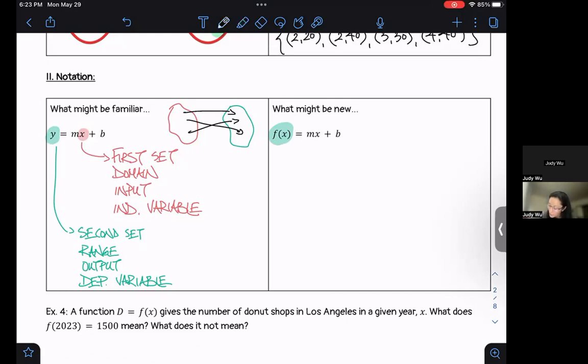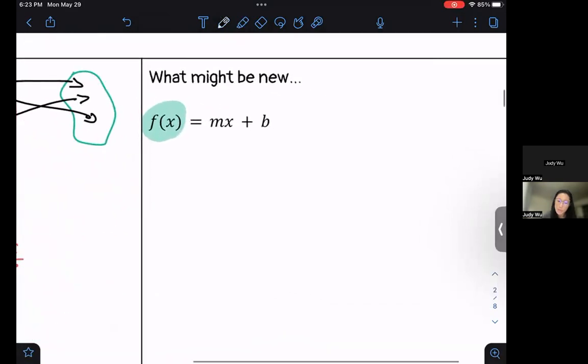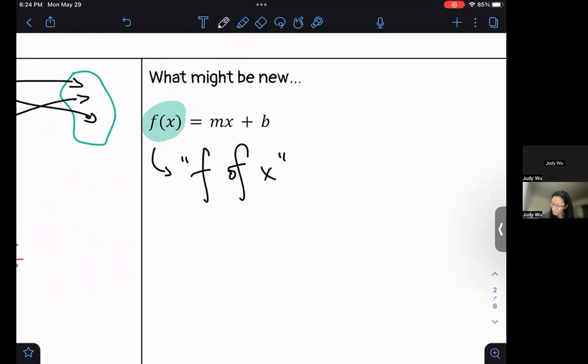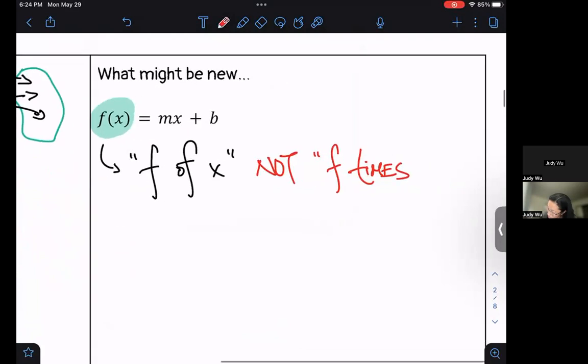And if I were to write in some words, a few things that we might want to say about this is that we would read this as f of x. And we would not read this as f times x. Okay, so we don't want to say fx or f times x. It is f of x, right?